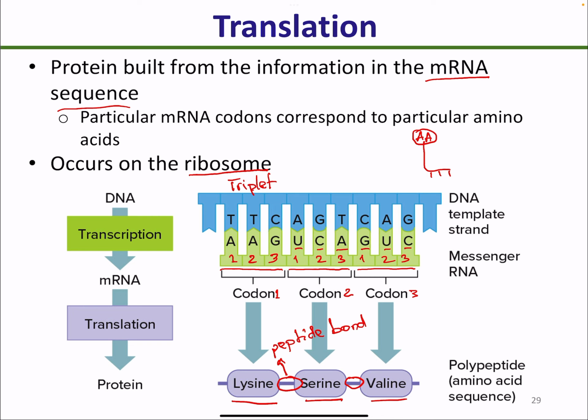All right? So translation is going from the information in the form of nucleic acid in the messenger RNA to information in terms of amino acids that are attached to each other in a polypeptide.